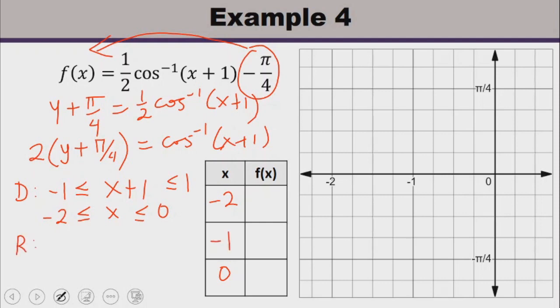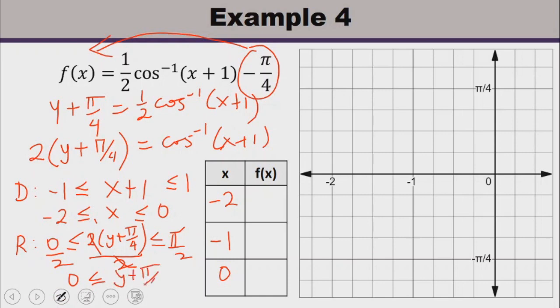So the range for the arc cosine goes from 0 to pi. But now, instead of dealing with y, we are dealing with 2y plus pi over 4. Okay. So I need to simplify. So the first thing is we need to divide by 2 across the inequality. So 0 divided by 2 is still 0, and pi divided by 2 is pi over 2, giving y plus pi over 4 in the middle.